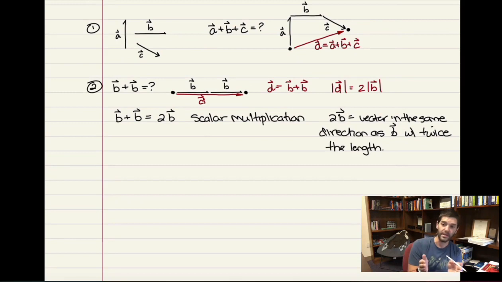If the length of vector B was originally 3 meters, then the length of the vector 2b is 6 meters long, for example.